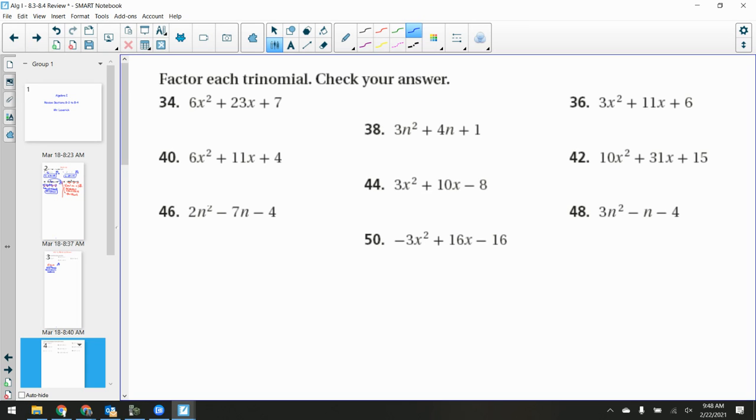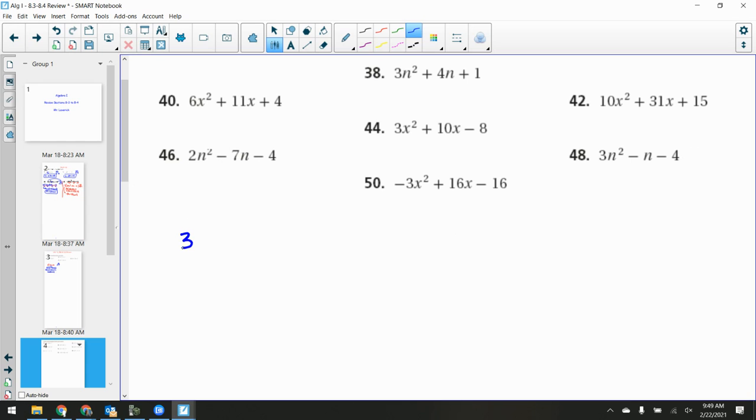Okay, we're going to go over at least one of them. 44? I hear 44? Okay, here's 44. 3x squared plus 10x minus 8. So, negative 24. You know what I bet a lot of people said? 6 and 4. Wrong set of factors. 6 and 4 does not work. 6 and 4 is positive 24, not negative 24. Positive 12, negative 2.